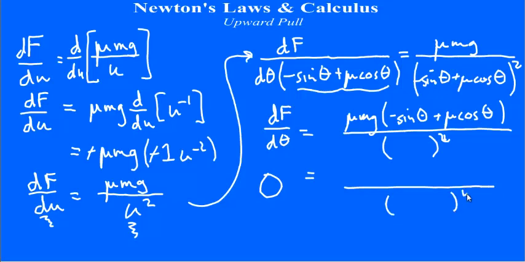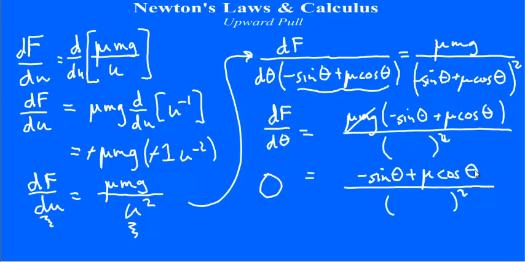So the denominator doesn't even come into play. In fact, this is going to cancel out as well. So all you really have in terms of evaluating the derivative at the derivative equals 0 is setting that numerator equal to 0.